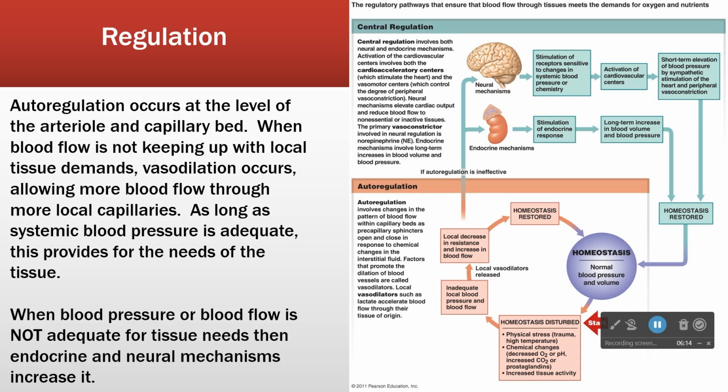On the neural side, we get stimulation of sympathetic and inhibition of parasympathetic. That triggers a short-term elevation in blood pressure. That's going to help with our initial problem, right? Also, our endocrine mechanisms, the renin-angiotensin-aldosterone system, is going to result in the release of angiotensin 2 and aldosterone, which is going to also increase blood volume and pressure and fix the problem, right?